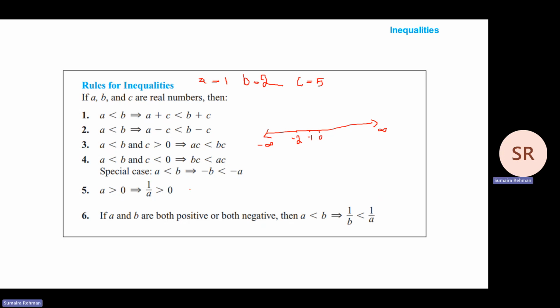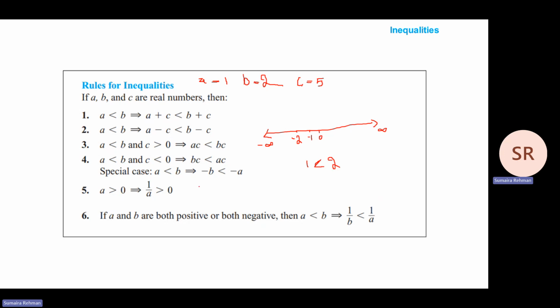Because if we multiply with the negative sign, for example, if a is 1 and b is 2, then 1 is strictly less than 2.